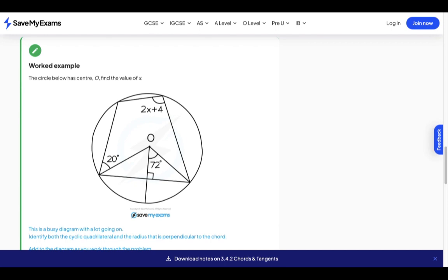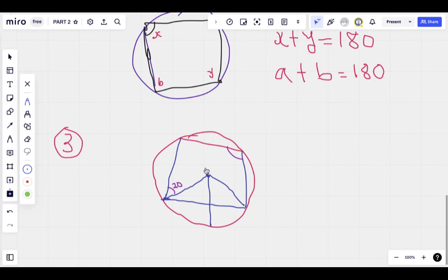2x plus 4. Then this angle they gave us to be 72. And then they say this one is 90 degrees by drawing this symbol.